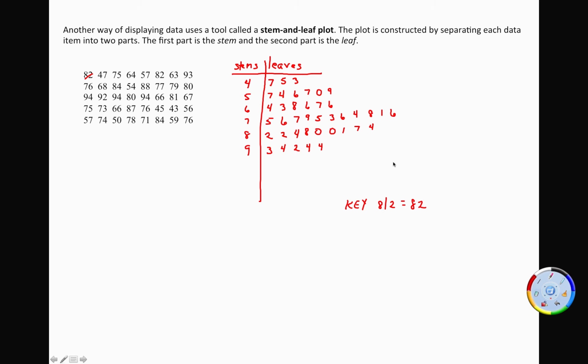It's just another way to organize your data. Now, look at this. If I were to turn this sideways, I get the same shape as a histogram.